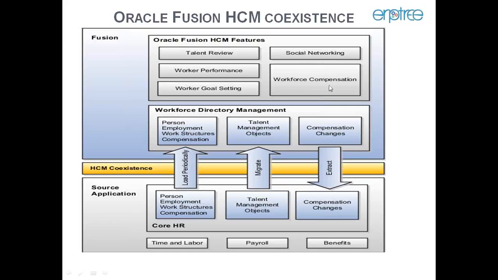Then the data comes back to the third-party application, where they can perform time and labor, payroll and benefits, or whatever is maintained in the third-party system. So in both ways we can maintain either Fusion as the master or the third-party system as the master. Let's suppose we are also maintaining the core HR in the Fusion application.